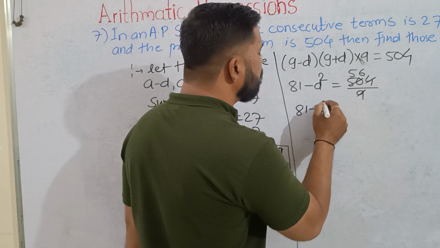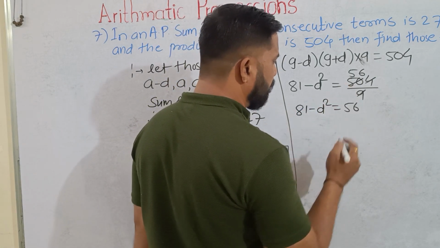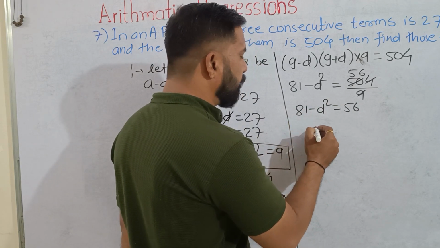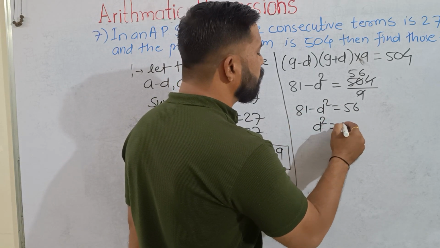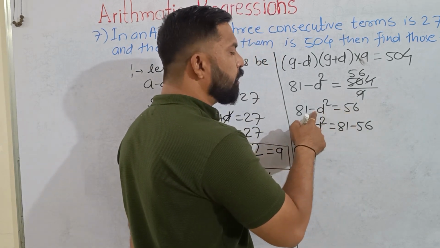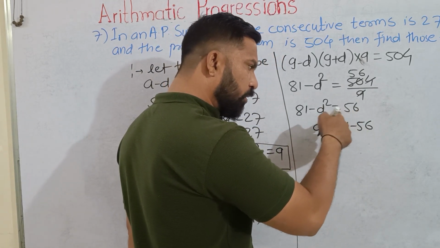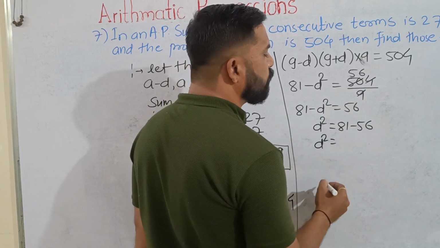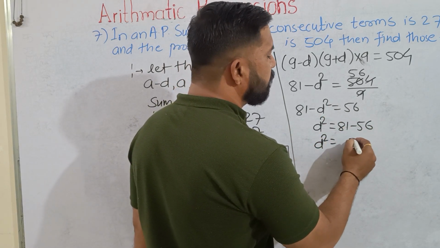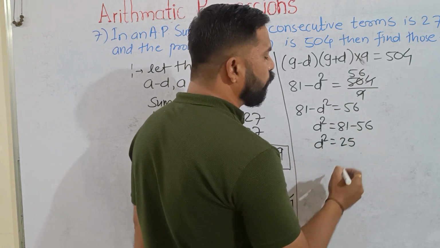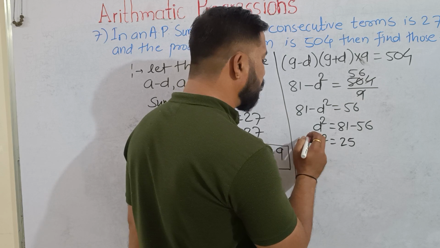Now 81 minus d square is equal to 56. D square to the right and 56 to the left. D square is equal to 81 minus 56, because when it goes to the right it changes to positive, and when it comes to the left it changes to negative. D square is equal to 25.